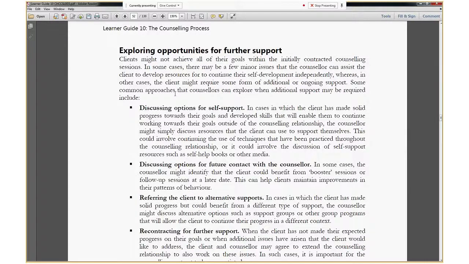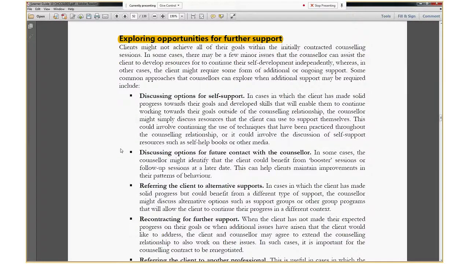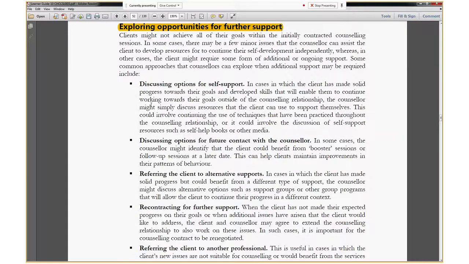Now, if that's not possible for whatever reason, so if clients get quite far, but have the majority of their problems solved, but still need more help, then up to you it is to actually help them get further support. So you discuss that. You might do some more sessions later on. You can refer them on.